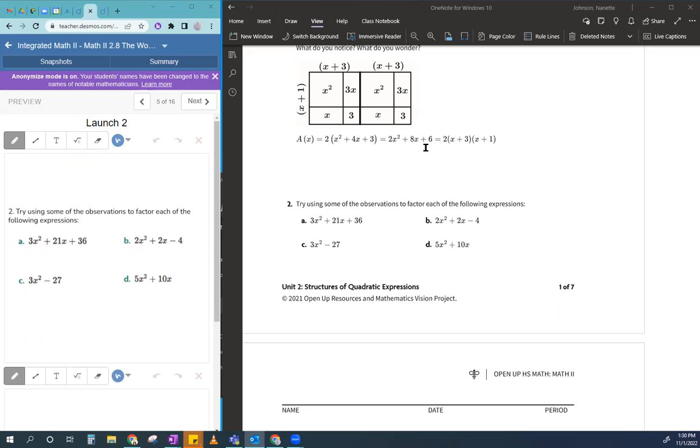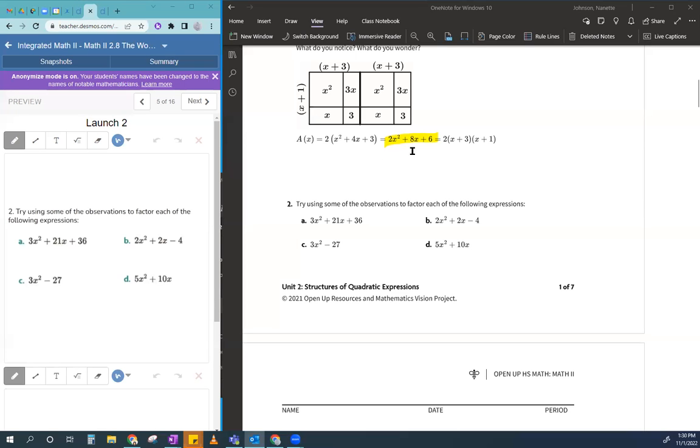Take your time, look at it. What do you notice about this expression right here? 2x squared plus 8x plus 6. What do you notice about it? Anyone see it? Yeah, it's a rectangle. Very good. Yep, there's a 2 in front of this parentheses.